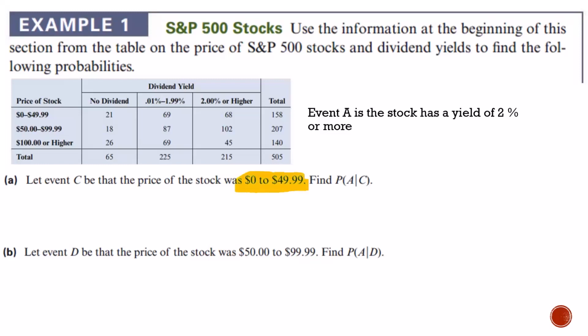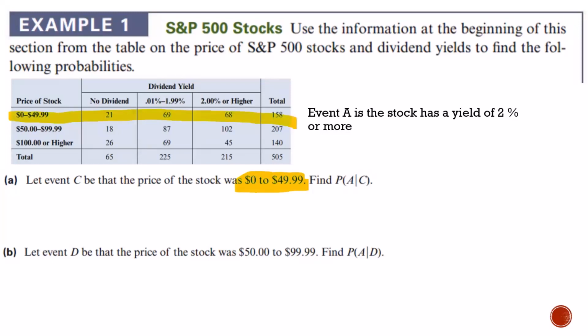Just like in the Venn diagram, that restricted us to just part of the Venn diagram. In this case, that restricts us to just part of the table. What part of the table are we restricted to? We know that the price is from 0 to 50, so we must be in the top row. Does everyone follow what I'm saying?